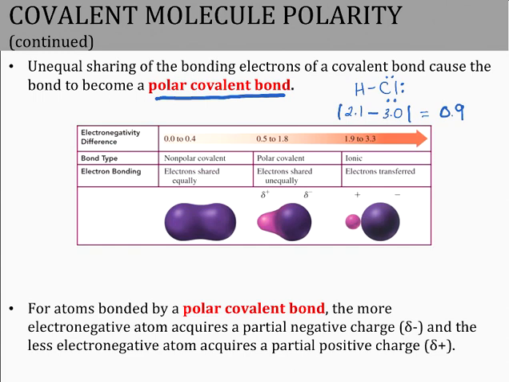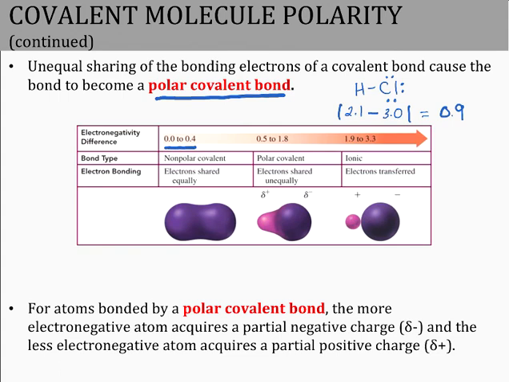Now we have a chart in the middle of this slide that tells us whether a bond is polar, nonpolar, or ionic. So if the electronegativity difference is between 0 and 0.4 for two atoms, that means we have a non-polar covalent bond.